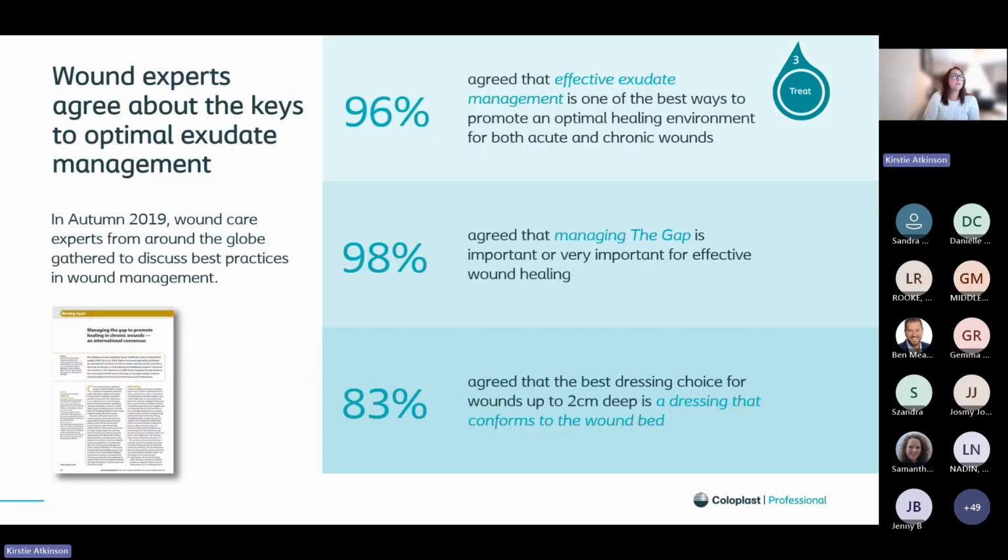And like I said, 96% of healthcare professionals agree that effective exudate management is one way to promote optimal healing. 89% of healthcare professionals agree that managing the gap is important as an effective way of managing wound healing, and 83% agree that a best dressing choice is one that conforms to a wound up to 2 centimeters deep.